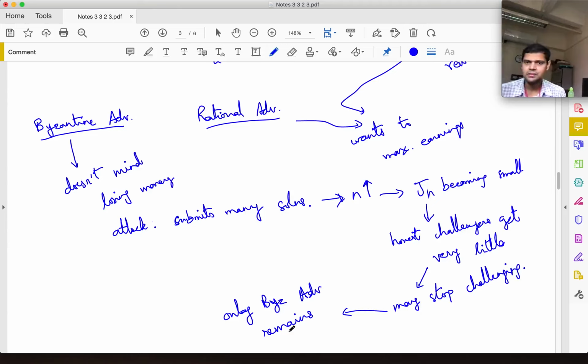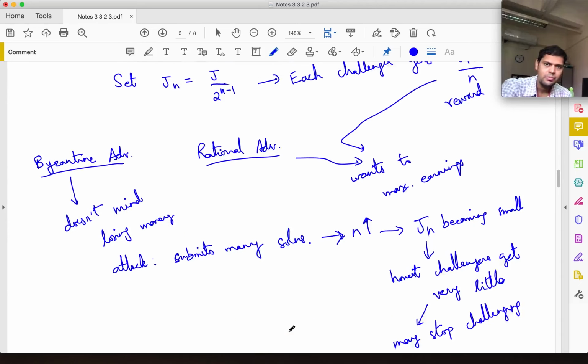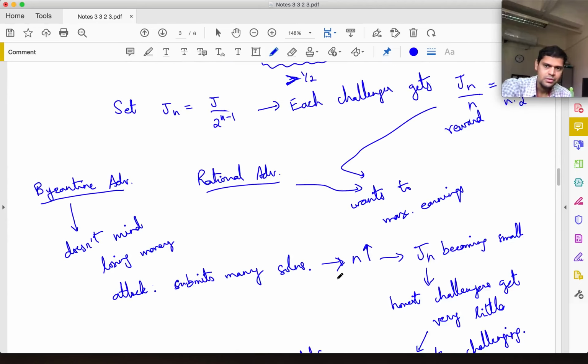So many different things can be done, and they look at each of them and try to come up with answers, right? But given this split of the jackpot money where the total amount spent decreases exponentially with the number of challenges, it's very easy to see that it will not survive a Byzantine adversary.